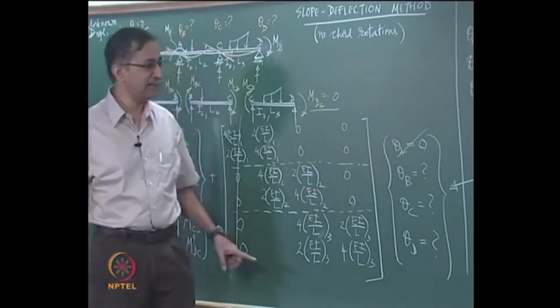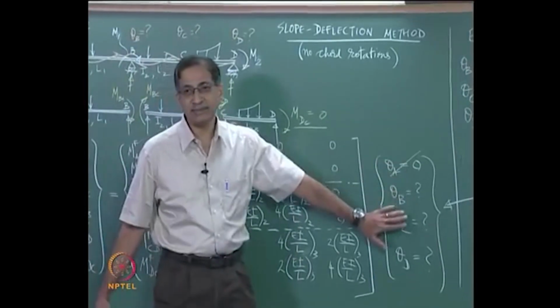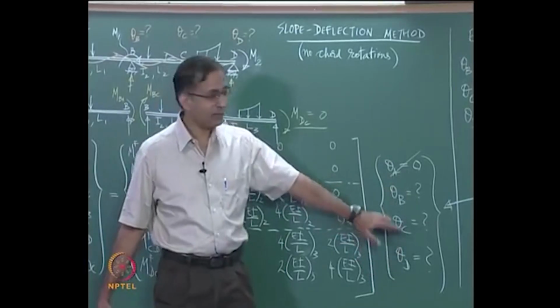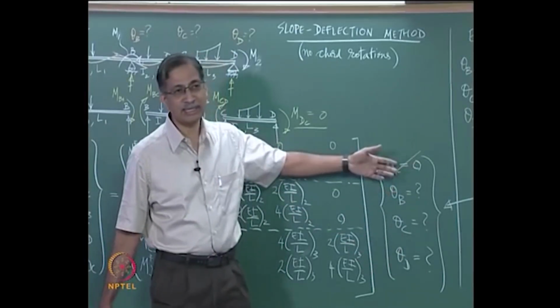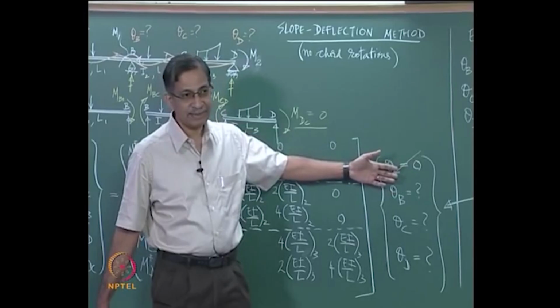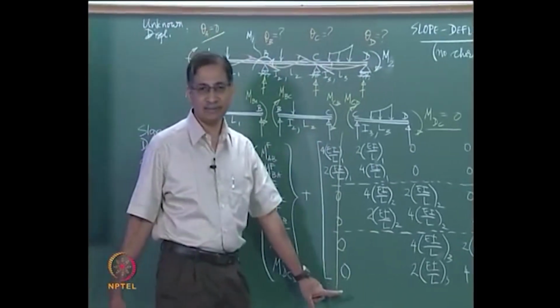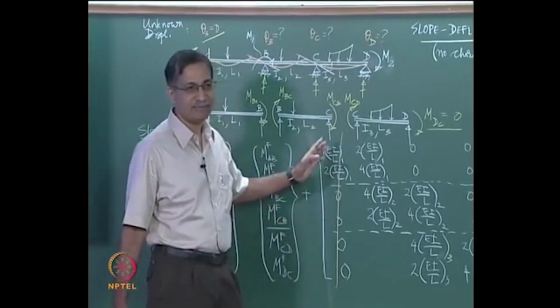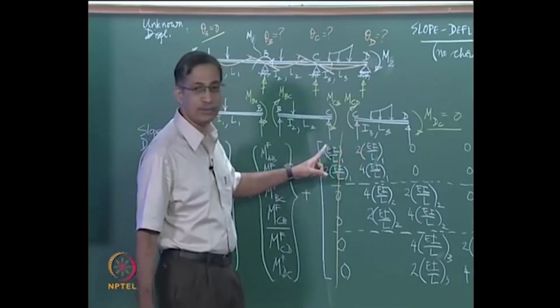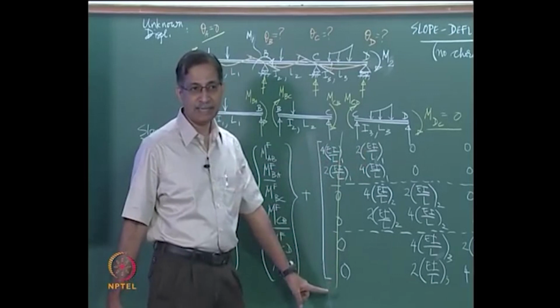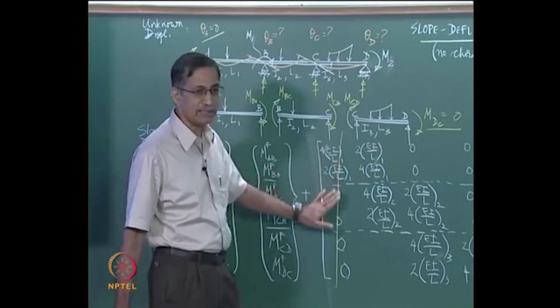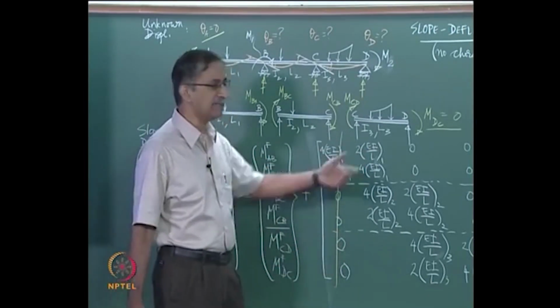So, really speaking, you need not include it in this unknown displacement vector, you can just knock it off because theta A is known, which means the first column we need not have written at all, though it is there. If theta A is not 0, you need to bring it into being, but if theta A is 0, you do not need to write this first column, or you can write it and delete it.